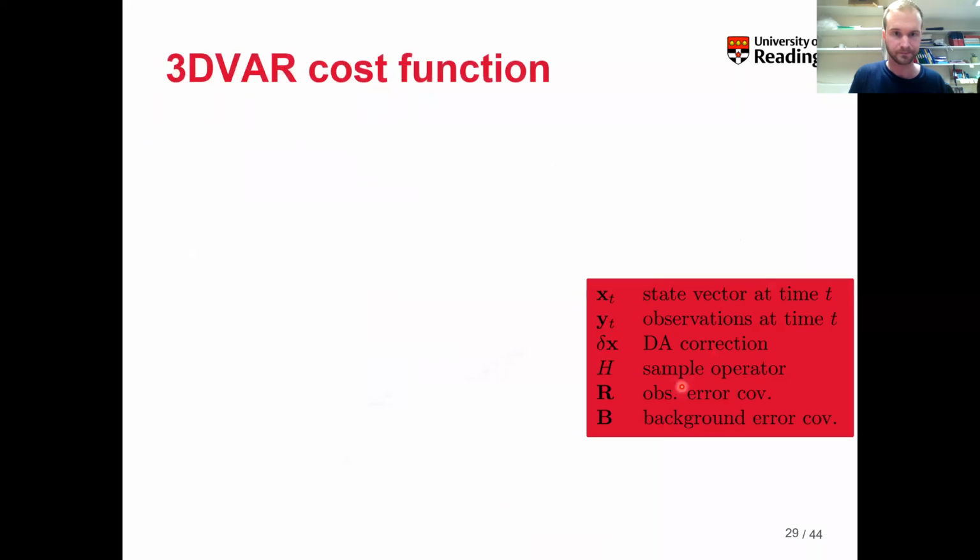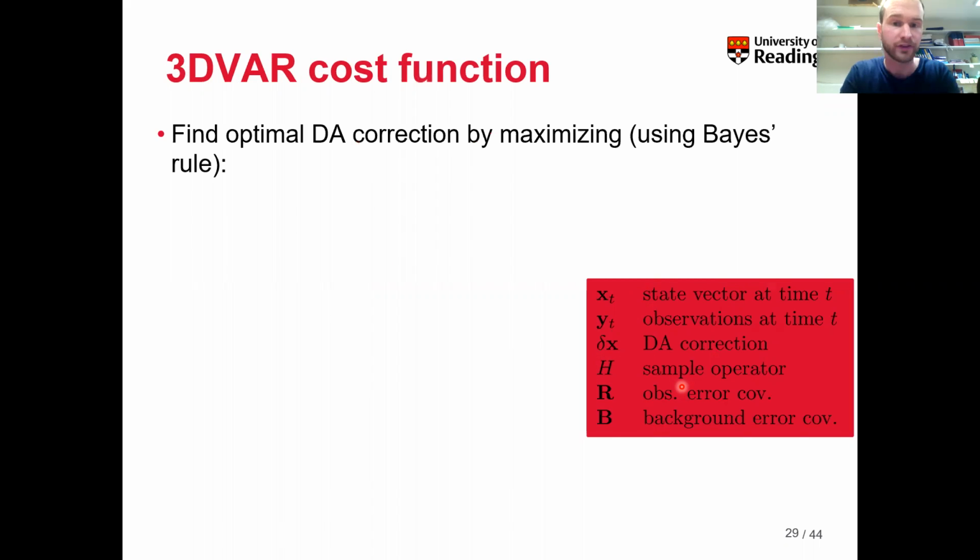Okay, so to find the 3D-Var cost function, we basically follow an approach that's very similar to the one that was used to derive the Kalman filter.